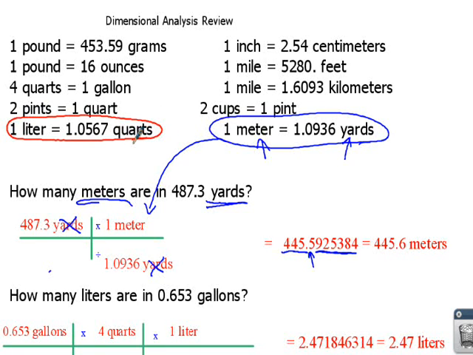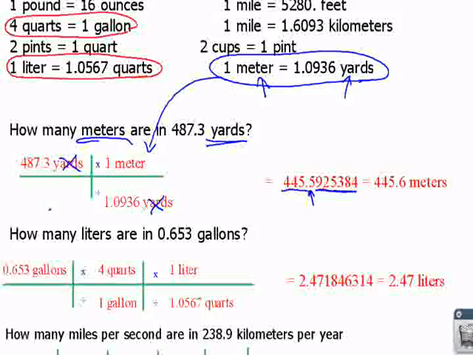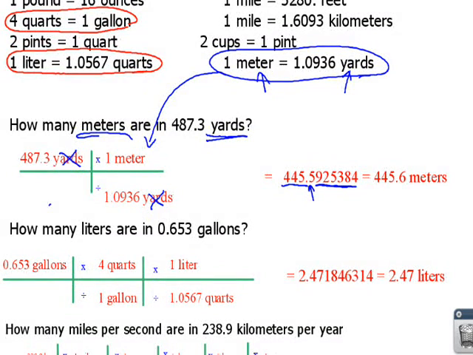Now we've got liters and quarts here. Let's see, what else do we have? We have quarts and pints. That's not really going to work. We have gallons and quarts. So if we can go gallons to quarts and then quarts to liters, we could do this problem, but it would take 2 equivalencies to get it done.